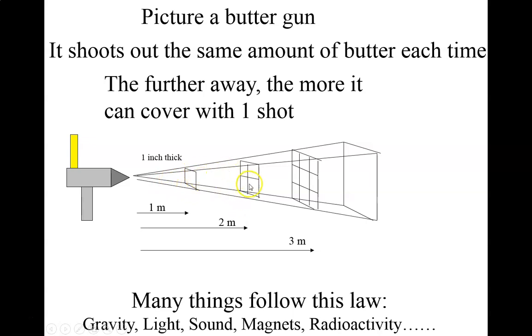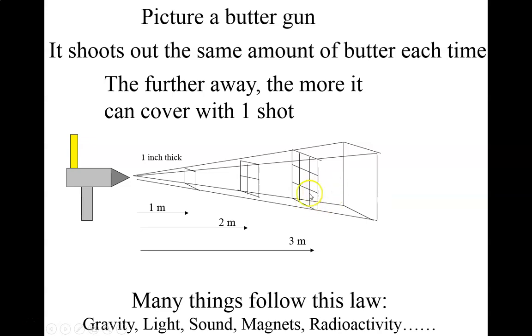If you put the toast 2 meters away, you can fit 4 toasts in the spray pattern, so the spray spreads the butter out over 4 pieces of toast. Now it's only 1/4 inch thick. That's better. If you go to 3 meters away, now we can fit 9 pieces of toast in the spray pattern, and the butter will be 1/9 as thick. So the butter is getting dimmer? No, I don't think so.